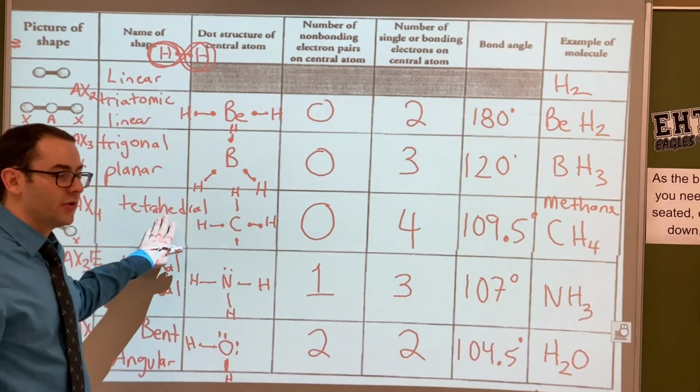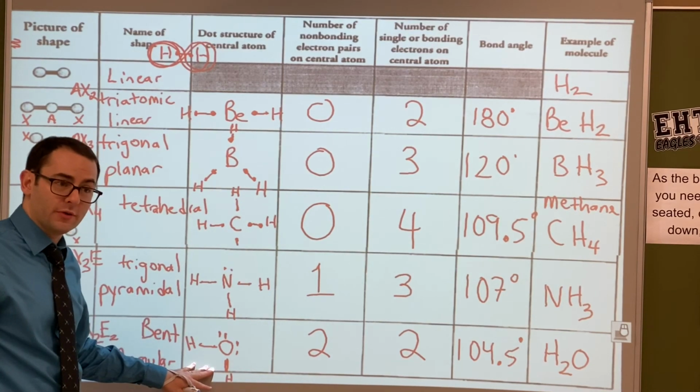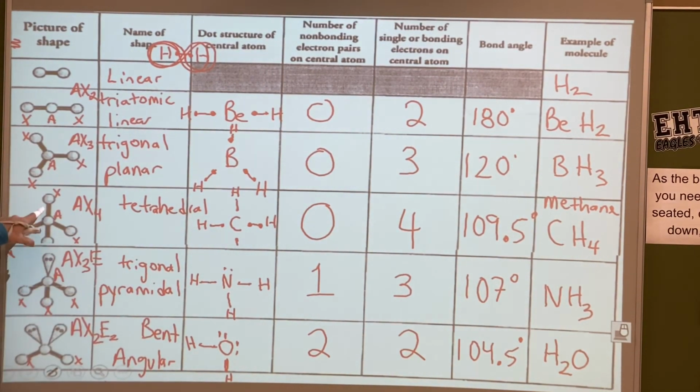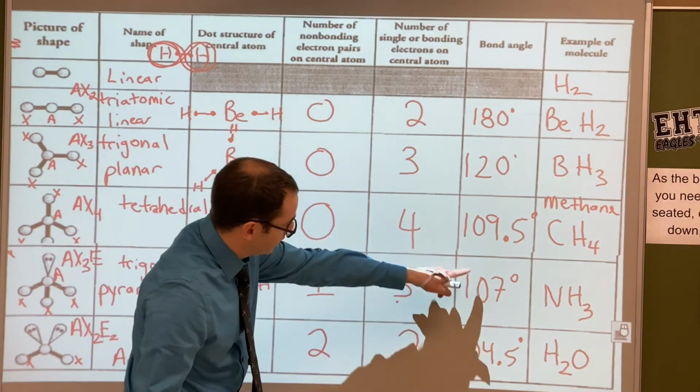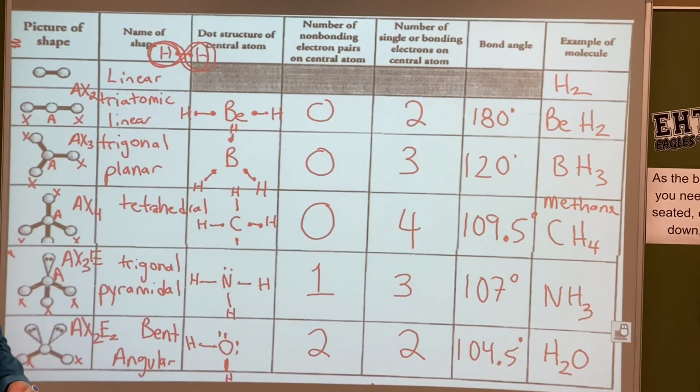So this one was 109.5, this is 107, this is 104.5. Why are they all different? The difference here is you're replacing atoms with electrons, and that has this kind of push to reduce the angle slightly, and that's why those basically decrease as you go down there, okay? Any questions with any of that, the chart?